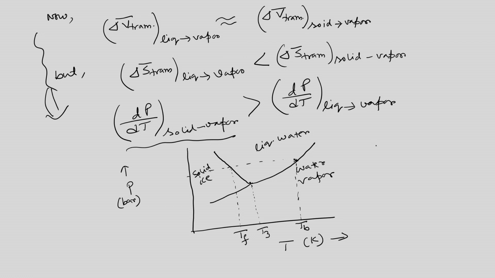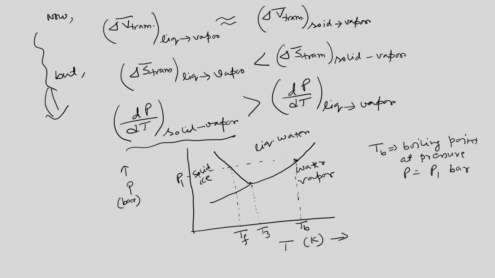So, T3 is the triple point, TB is the boiling point at pressure P equals P1 bar.